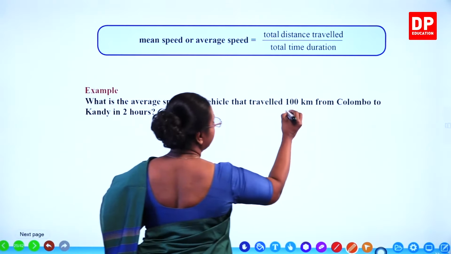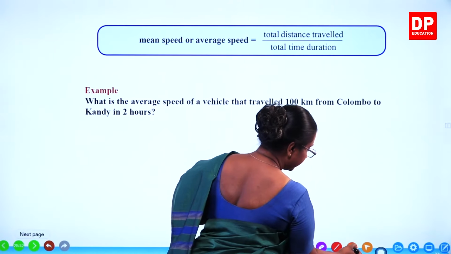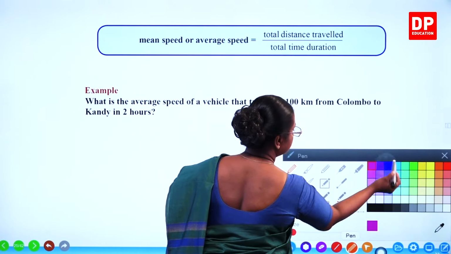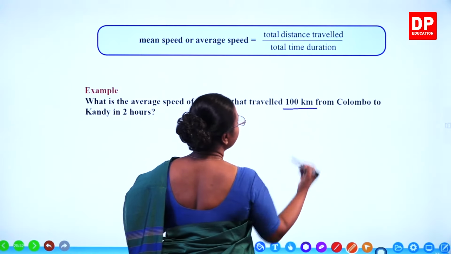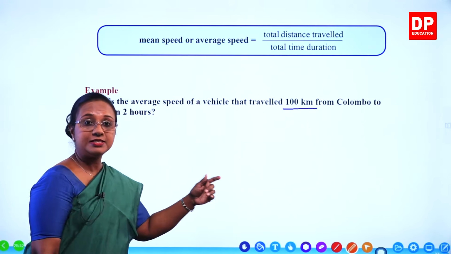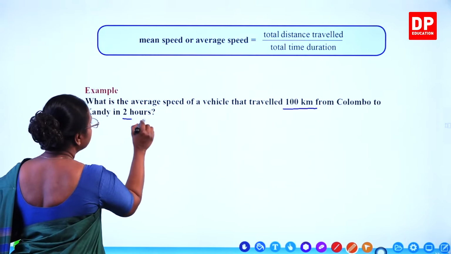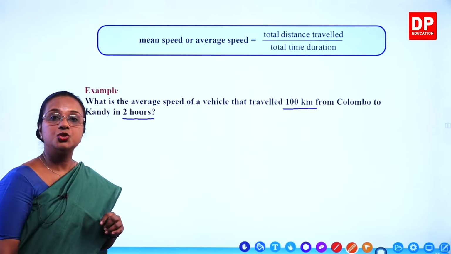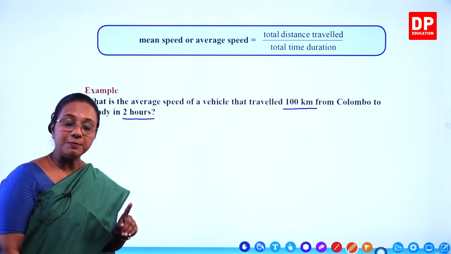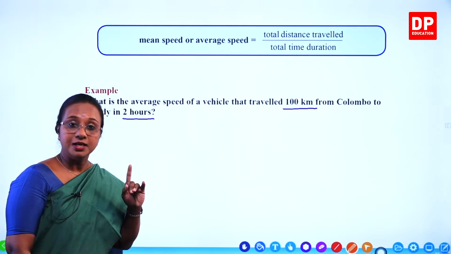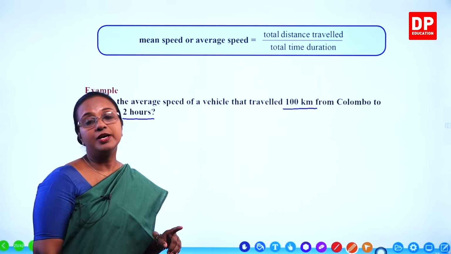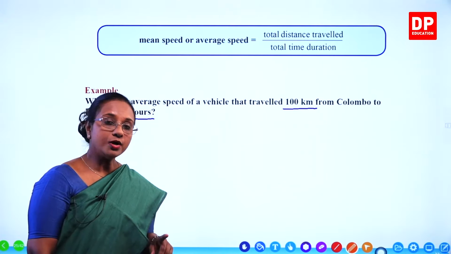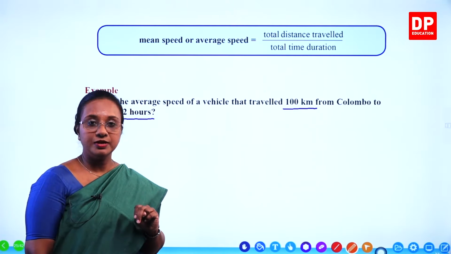So here you can see the distance is 100 kilometers, a long distance, and also the time duration is 2 hours. If you remember, when we discussed the definition and the equation for speed, we saw that there are two different units.